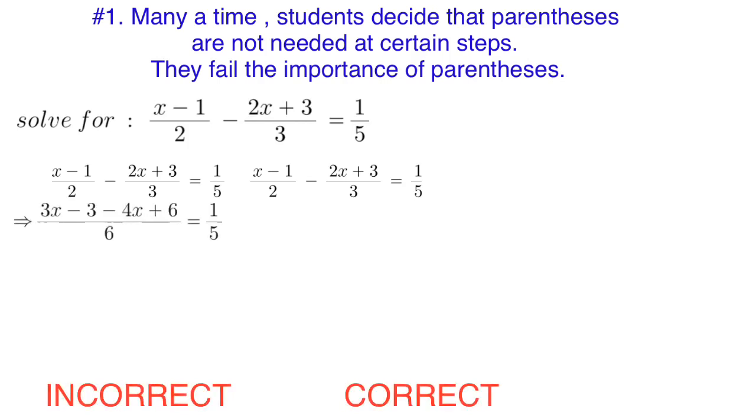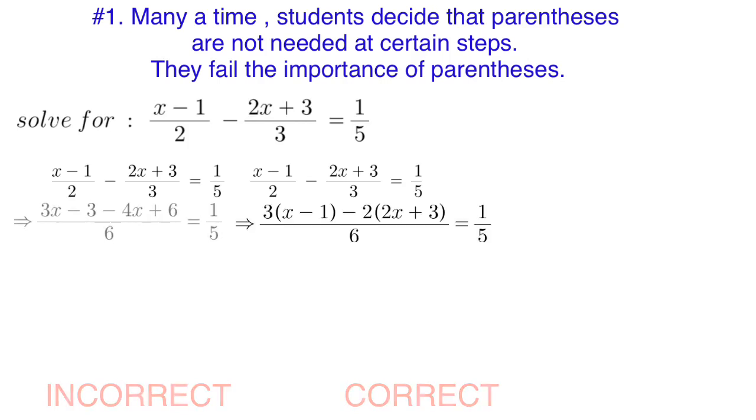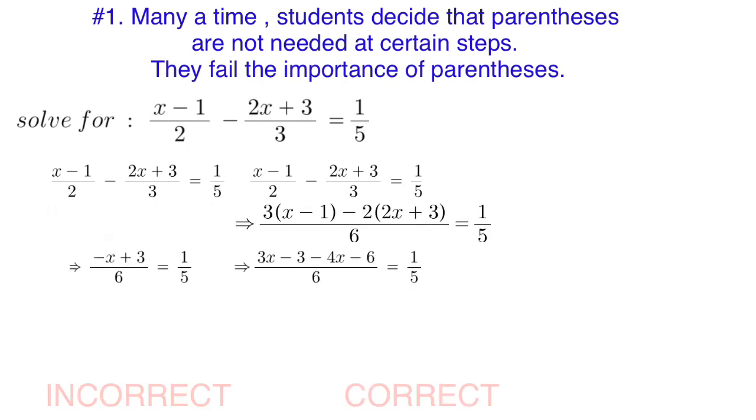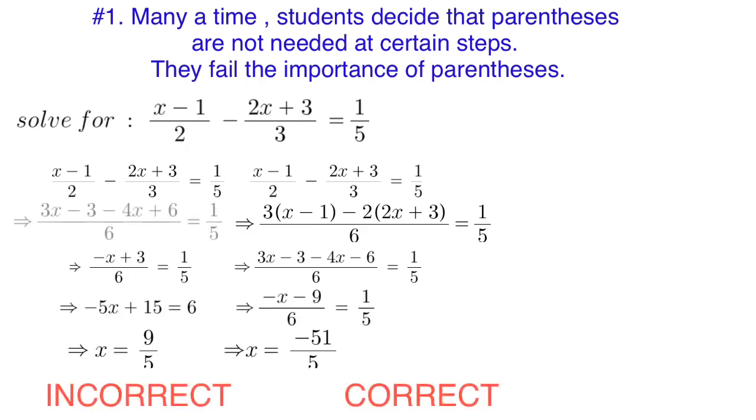Here we make mistakes in unseen parentheses. In changing the sign, here the blinking line shows the mistake, which is incorrect, and the correct one is here.